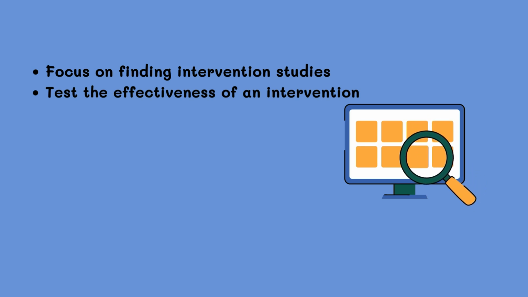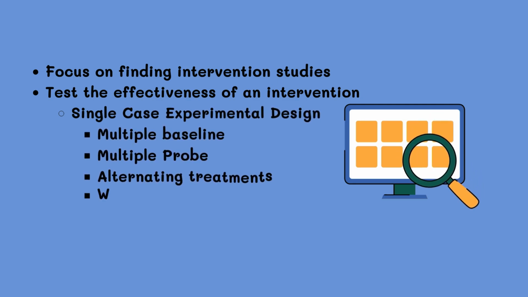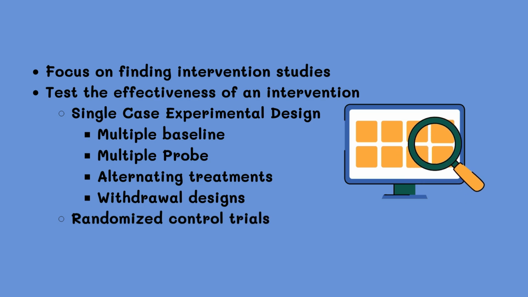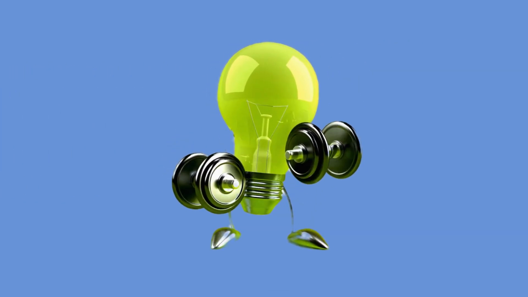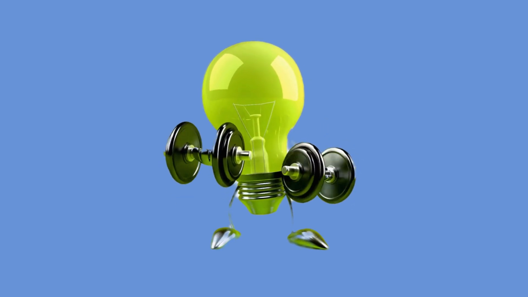And that means I'm expecting you to focus on single case experimental designs like multiple baseline, multiple probe, alternating treatment, or even withdrawal designs, or randomized control trials. These are the kind of studies that will give you strong evidence to support your proposed intervention.